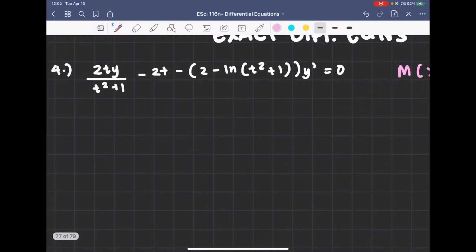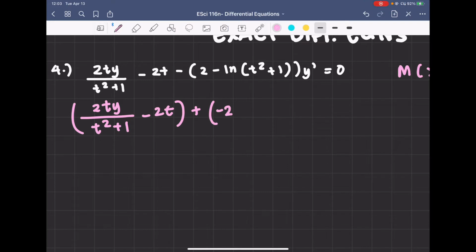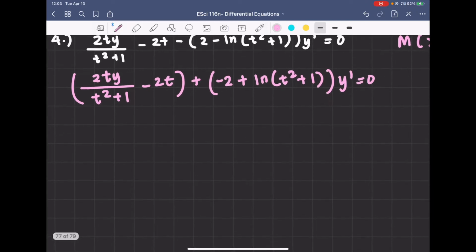Since there is a minus sign here, we need to fix that. So we can rewrite this as 2ty all over t squared plus 1 minus 2t, that is our M, plus negative 2 plus ln of t squared plus 1, multiplied by y prime, equals 0.